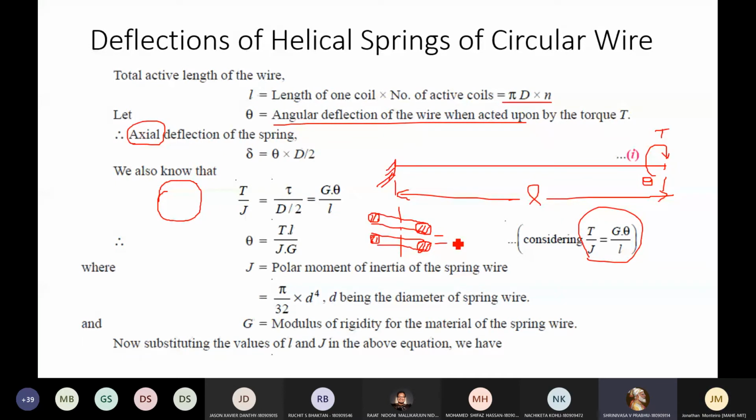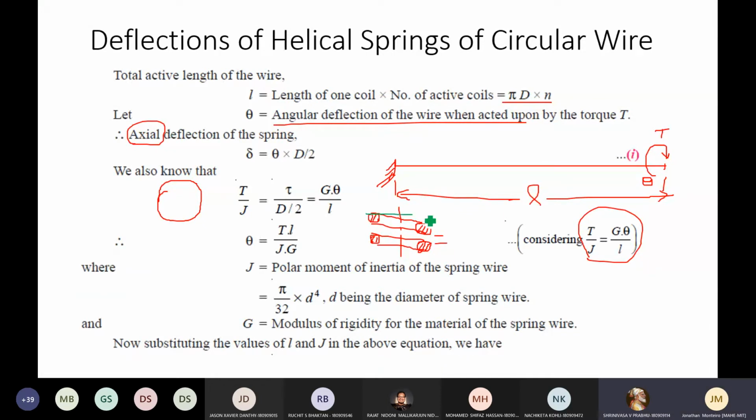I've sent it on the class group, sir. Don't consider the next circle. Consider one slant portion and draw a horizontal line on both the circles. Right, the distance between those two.